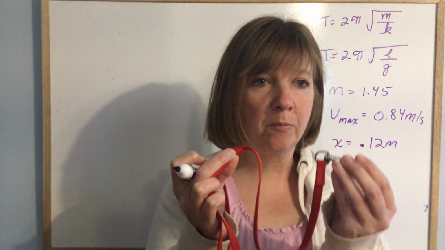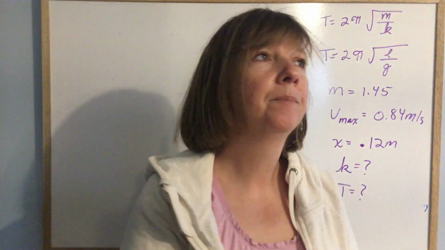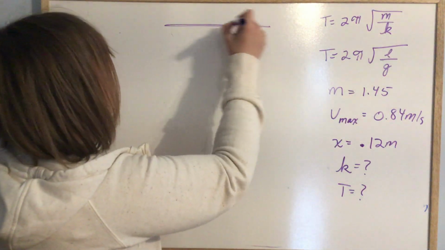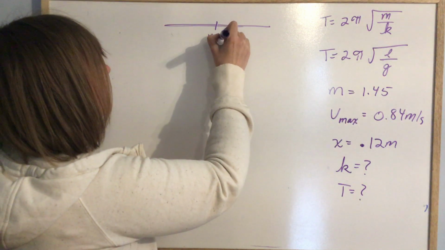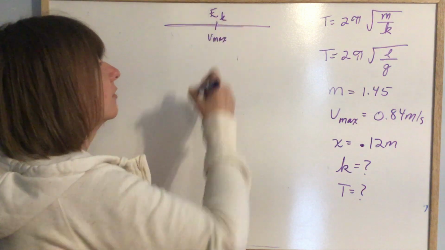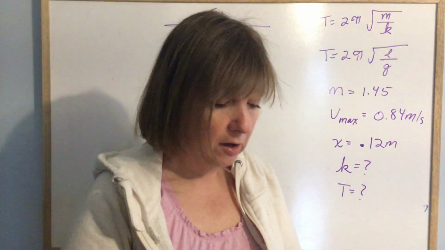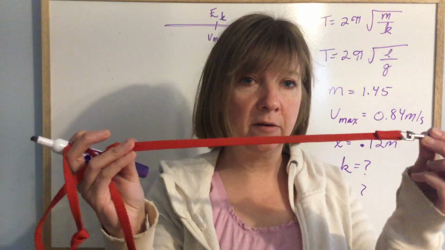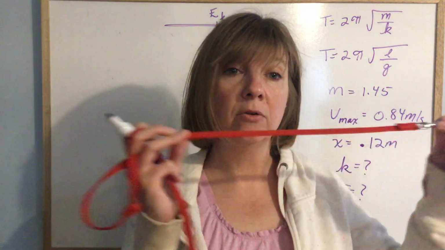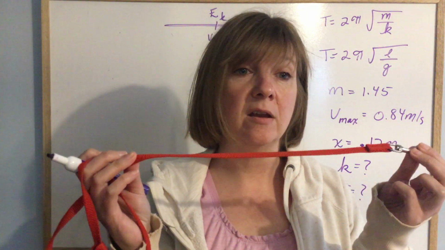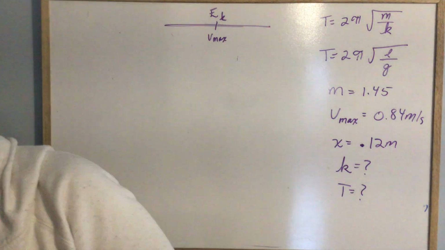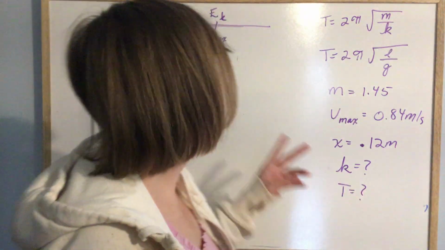The maximum speed happens right here in the middle. And that is when your total energy is all kinetic energy, because at that point the spring is not stretched out any and it's not compressed any. So there's no elastic potential energy. So all of the energy is kinetic energy.